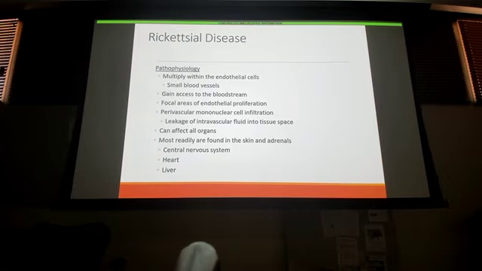So if you've got a pathogen that's living in the actual endothelial cell, what do endothelial cells make up? What part of the body? Vasculature, right? Arteries and veins. If they are in the actual cells that make up the arteries, what do you think is going to happen to all that blood that's supposed to be inside the arteries? It's going to leak out due to secondary damage to the actual endothelial cells.